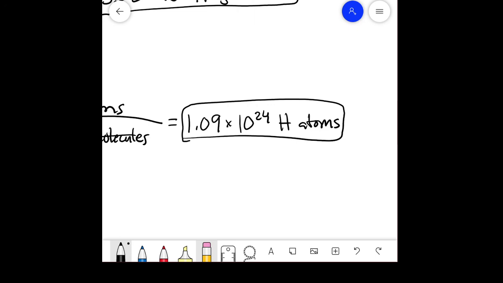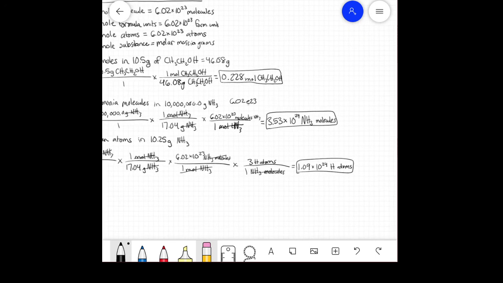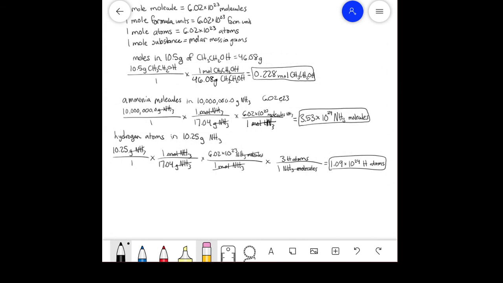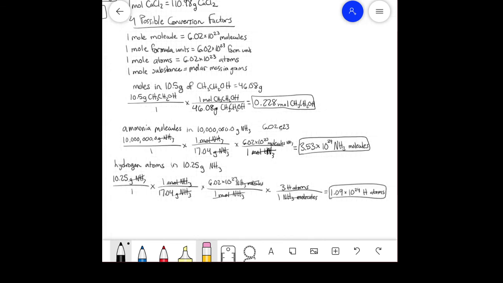So those are probably all the ones you're going to run into. Sometimes it'll want moles, maybe it'll want grams, give you moles, but it's basically the same process. Just remember, you want to cancel out tops and bottoms to be left with what you want. And yeah, that's the main thing you need to remember for these.